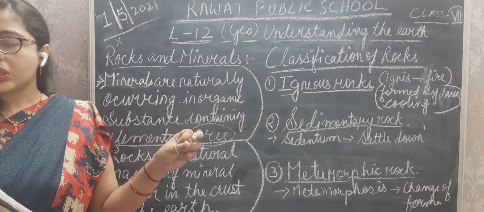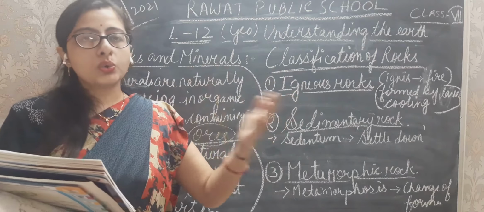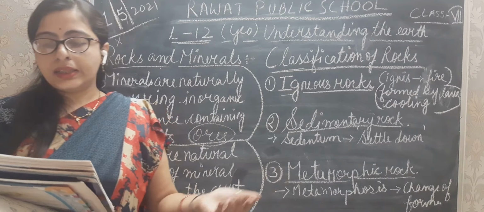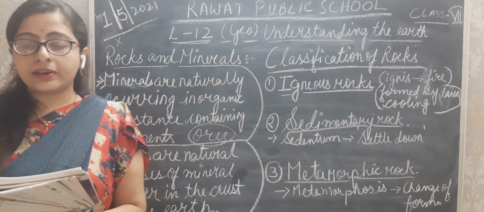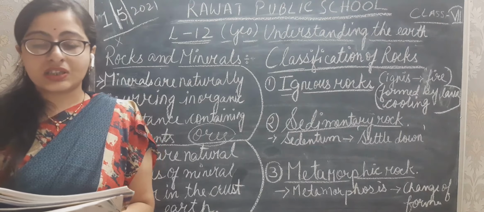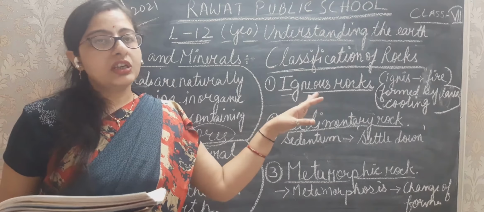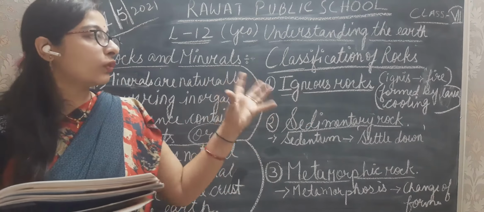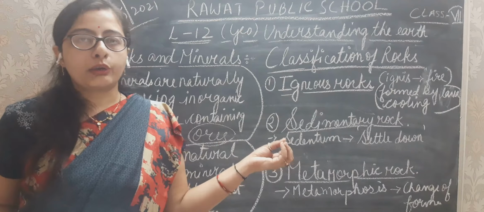They do not allow water to percolate through them, and they are not formed in layers. They do not contain remains of plants and animals, that is fossils, within them. They are mainly formed from the molten magma and lava which comes out from the volcano.